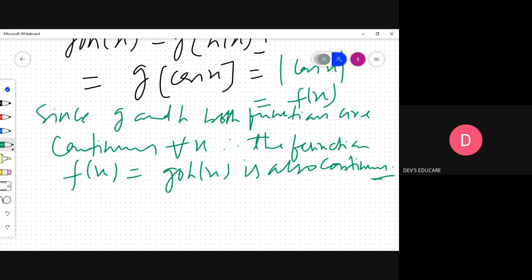Now in the same way we can do question numbers 30, 31 and 33.